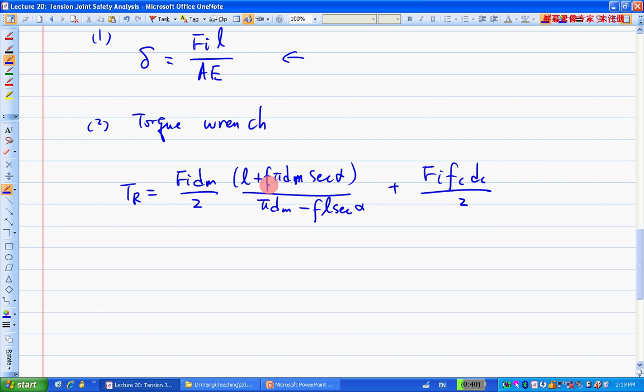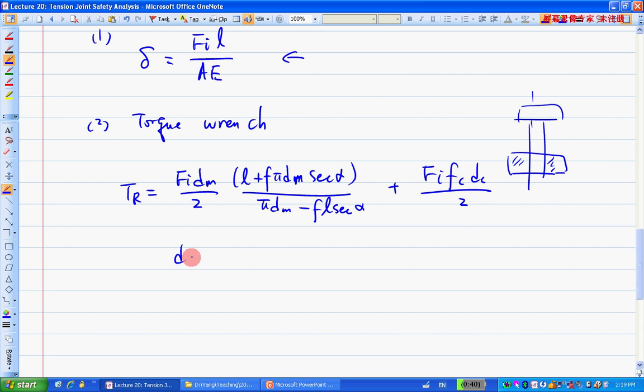F is the friction coefficient. Fc is the friction coefficient of the collar. So there's a collar here, and there's the power screw, right? And then there's the nut. Okay, so that's the formula for this one here.